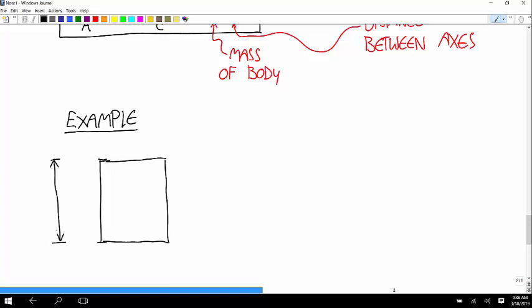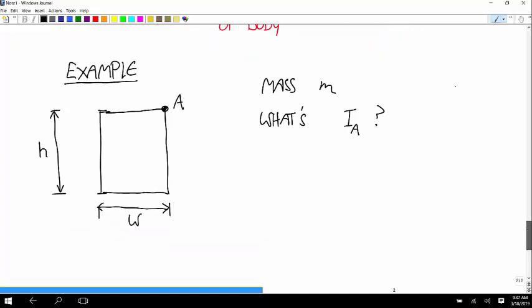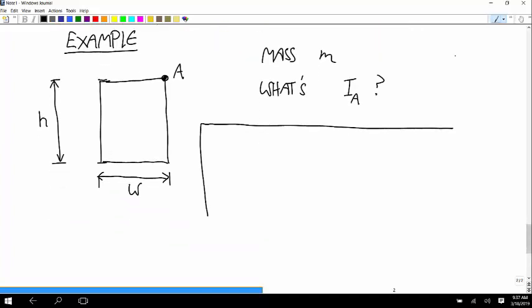Let's say that this is H, this is W, and the mass is M. Let's choose a point A that's at the corner and calculate the mass moment of inertia about A. Okay, well, the formula gives us the mass moment of inertia about the center of mass.